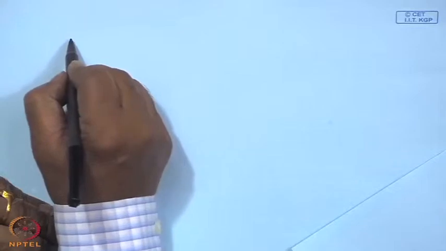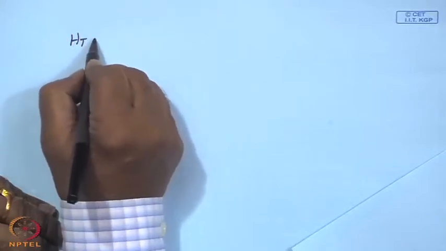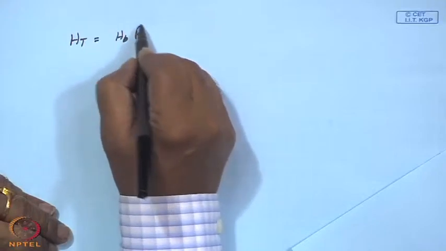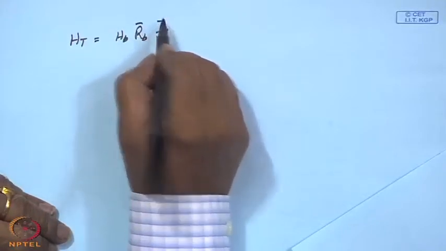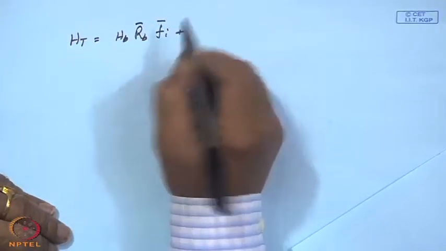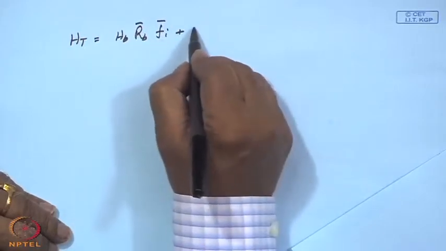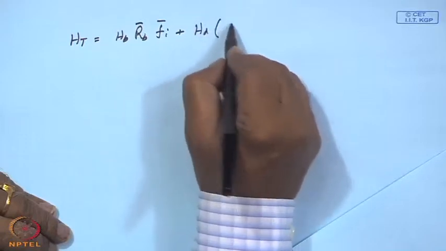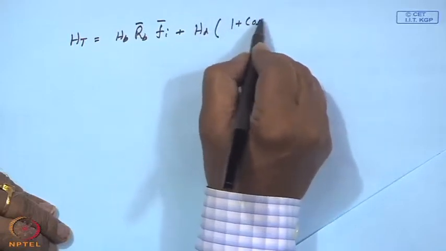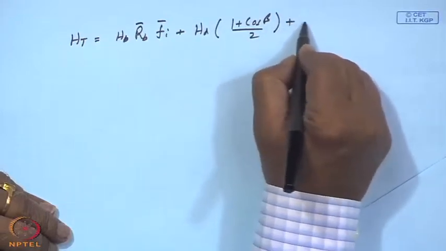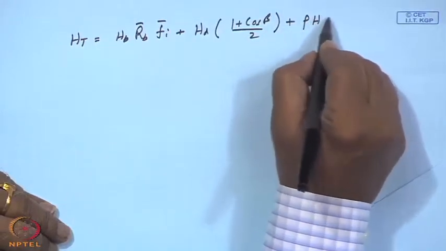If I extend this, just like we have done for the simple unshaded radiation, Ht should be equal to Hb Rb bar Fi bar, plus the diffuse radiation, which is like absorbed radiation except that this is a shading factor times the diffuse radiation, plus the ground reflected radiation.